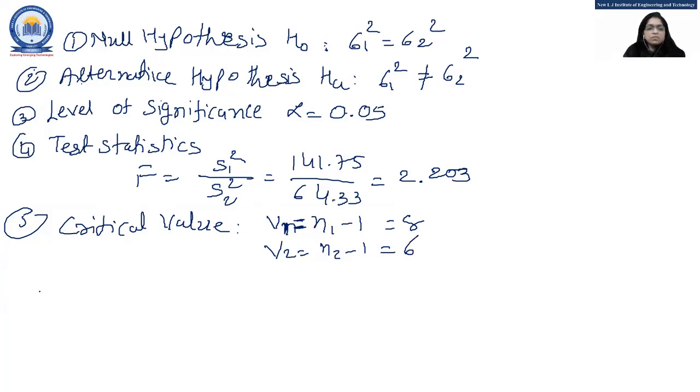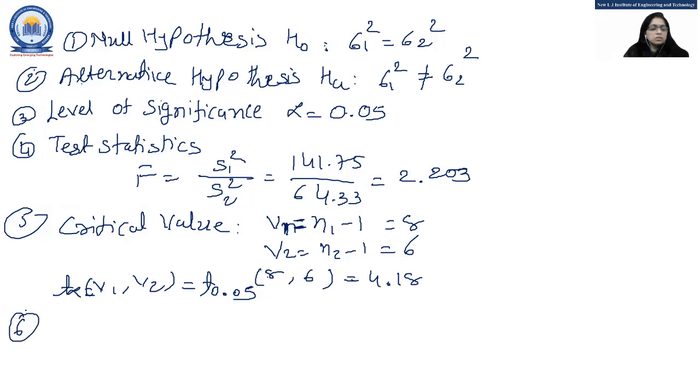So F alpha with V1, V2, and here it is F 0.05 with V1 equal to 8 and V2 equal to 6. So the value from the F table is 4.18.